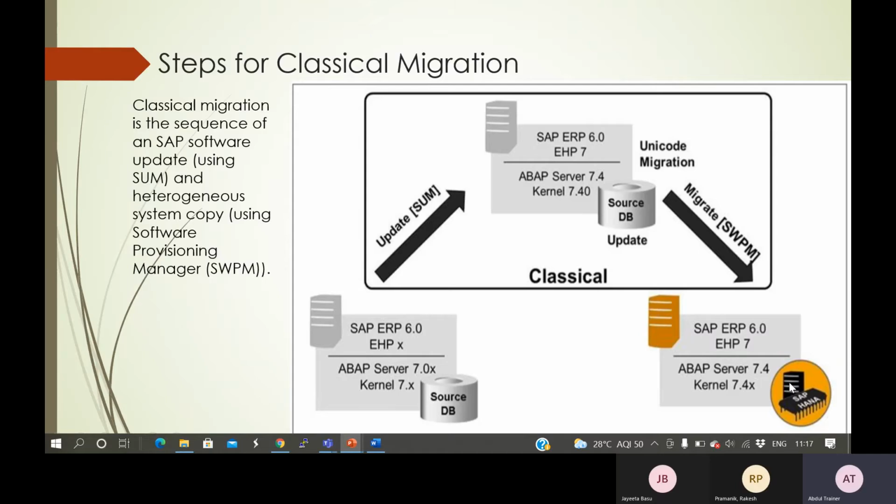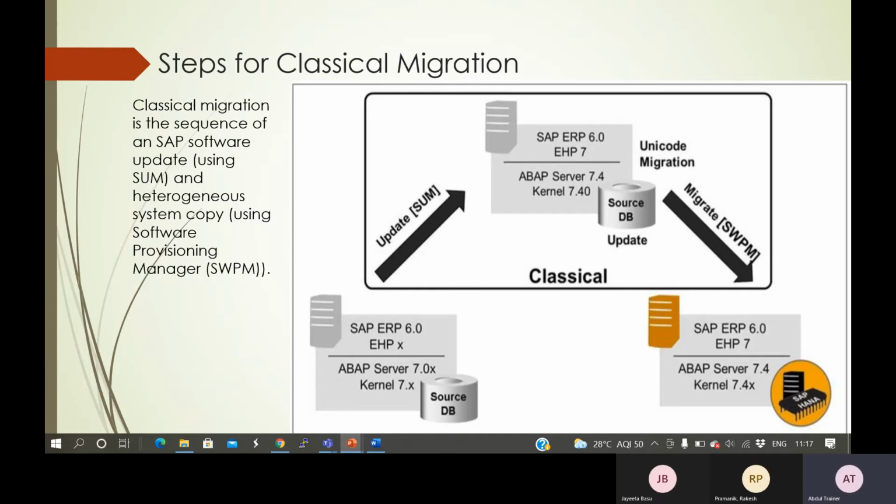HANA has prerequisites. Some levels should be there. EHP 4 is not supported, for example, on the HANA database. I'm just giving examples. You should have at least EHP 7 if you want to go to HANA.